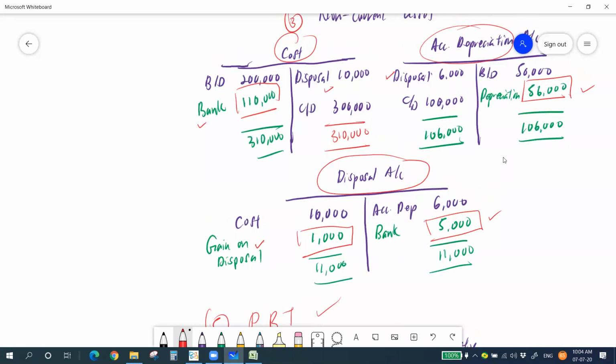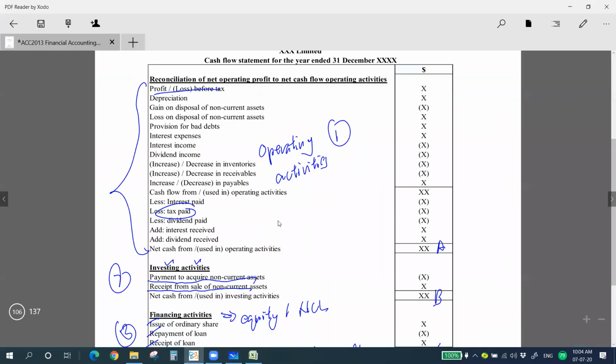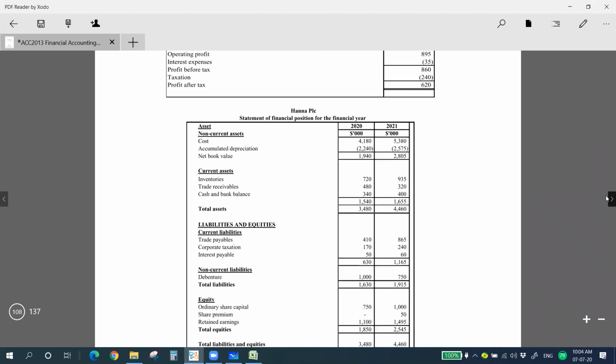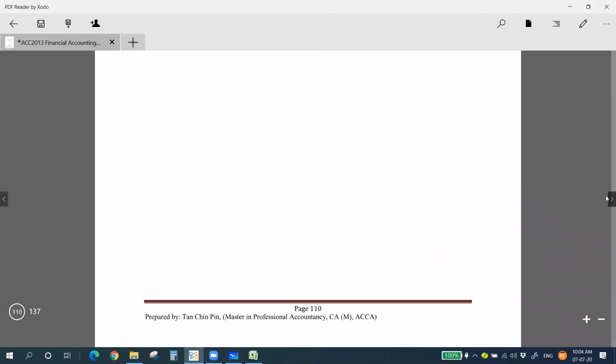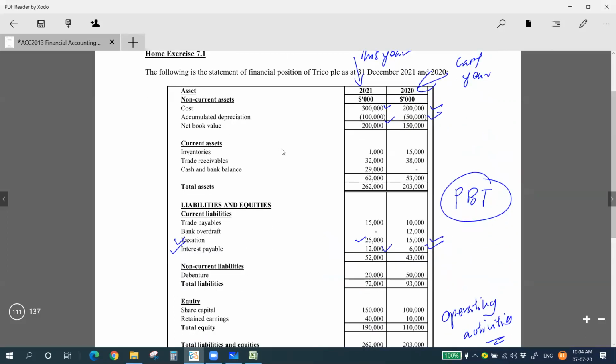Next, we have to indicate the movement in your working capital. So here, okay, look at the textbook. So working capital. Right, we start from inventories. Inventories from 15 to 1,000 is a decrease, right?